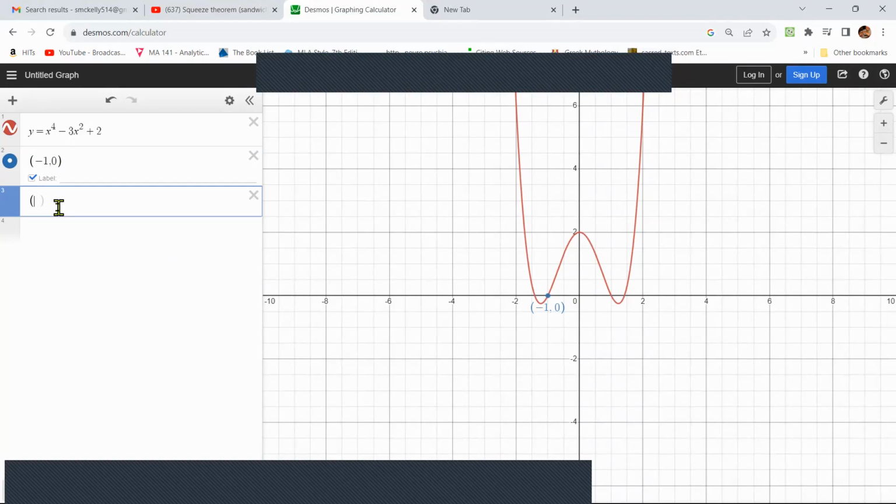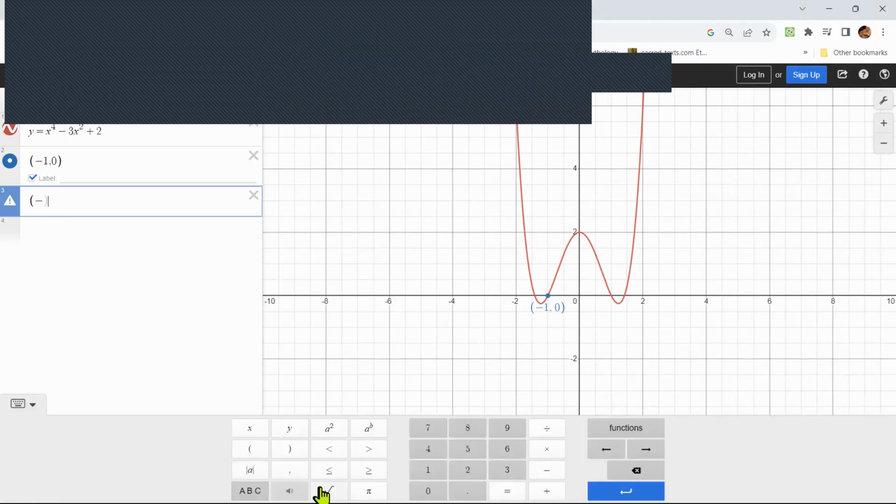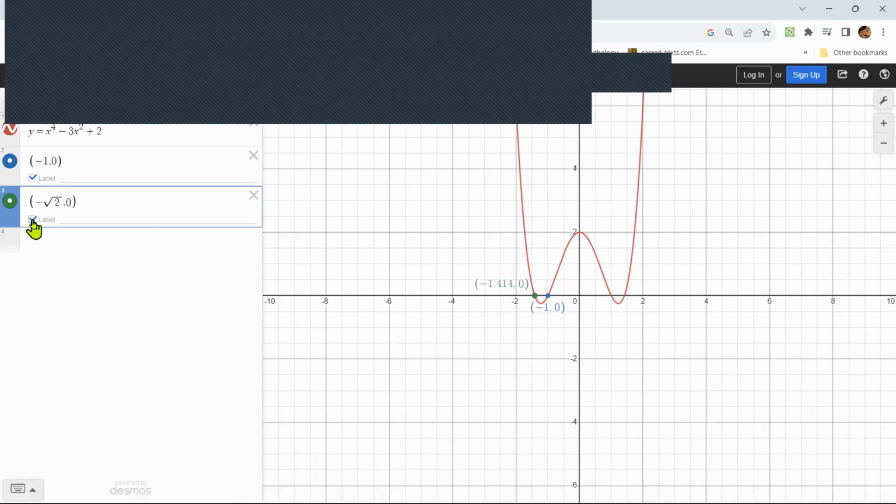This is going to be negative, I need my function value, so let me pull it up. -√2 and 0 right here. And we'll label that point as well. Right there. Okay, let's just label those two.